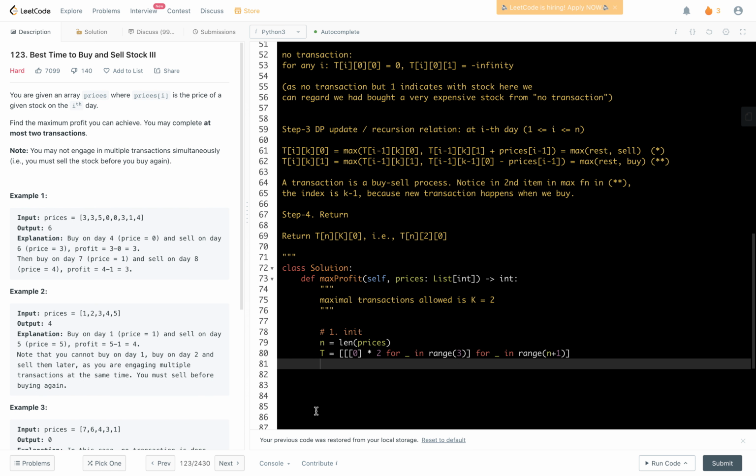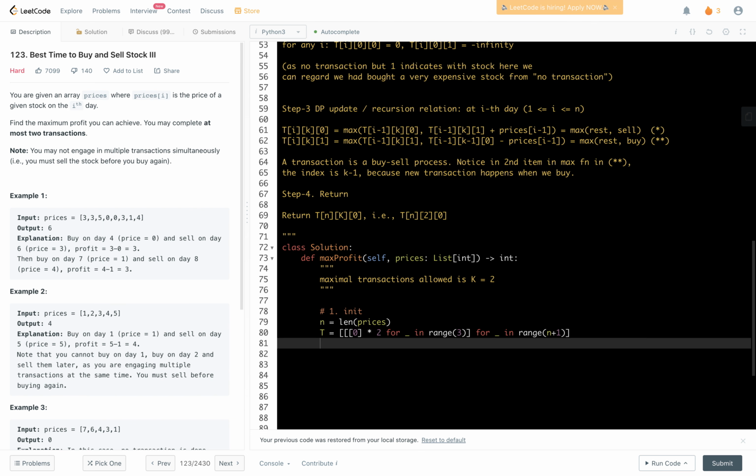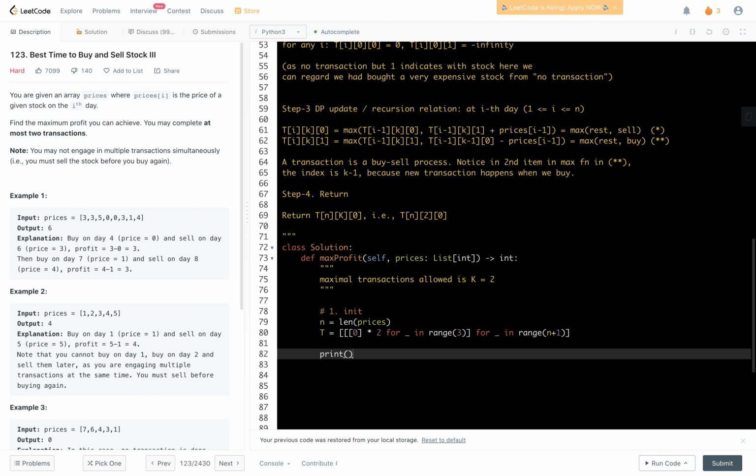Let's first print the dimension of t so that we can check if we are right. So this is the length of t, which should be the length of the prices plus 1, and then the length of t naught, which should be the length of k plus 1. So in this problem it is 3, and the length of t naught naught should be 2.